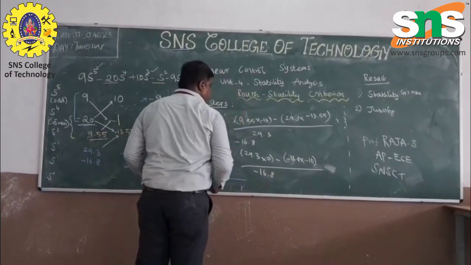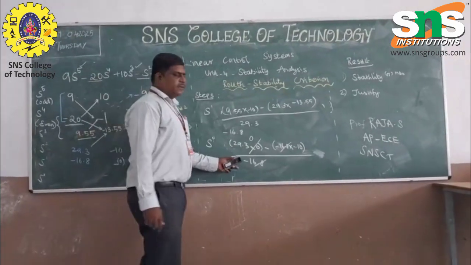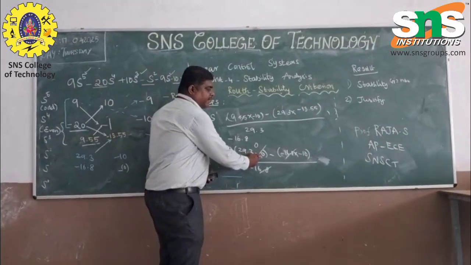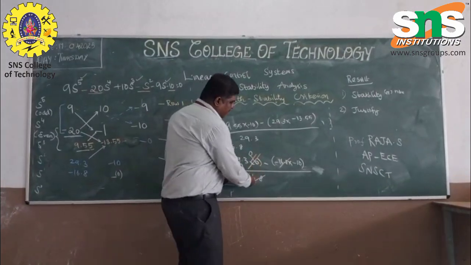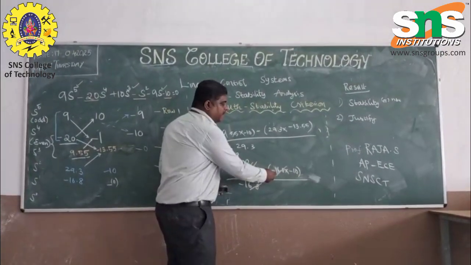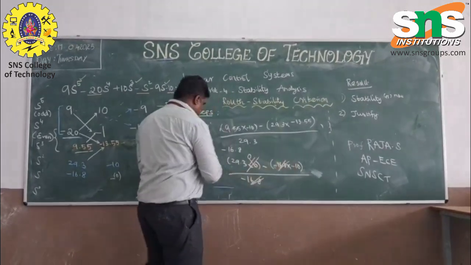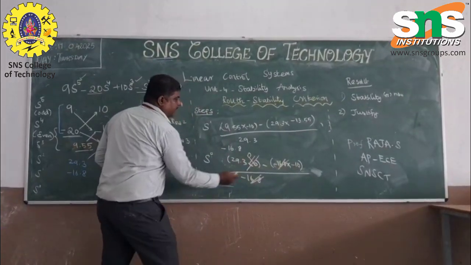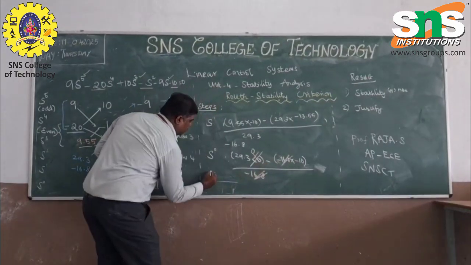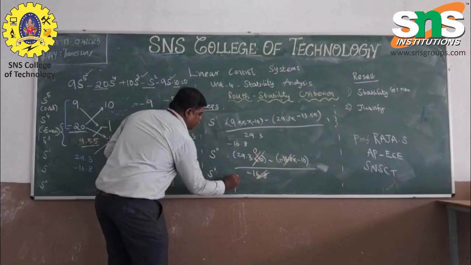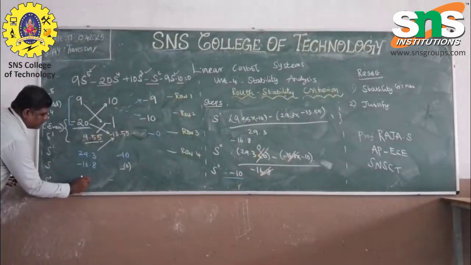When you solve this, minus 29.3 into 0 automatically becomes 0, so it is cancelled. Then minus 16.8 and minus 16.8 are the same, so they cancel each other. Finally minus into plus 10, here minus minus becomes plus. Again there is a minus, so s power 0 will become minus 10. I can write this value here: s power 0 is minus 10.